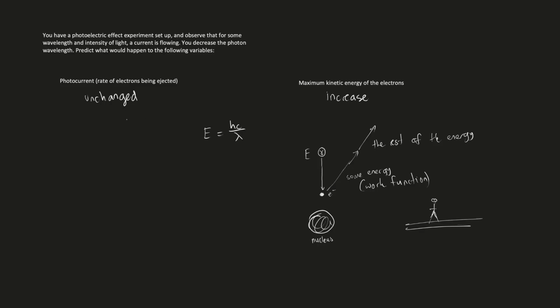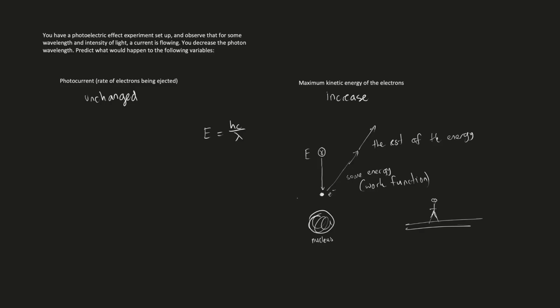The reason the photocurrent doesn't change is because when we change the wavelength, we haven't actually changed the number of photons coming in. So now is the time to point out something important about this process. One photon can only interact with a maximum of one electron in this case. So the photon will come in, and if it strikes an electron, the photon will be absorbed and the electron will take its energy and leave.